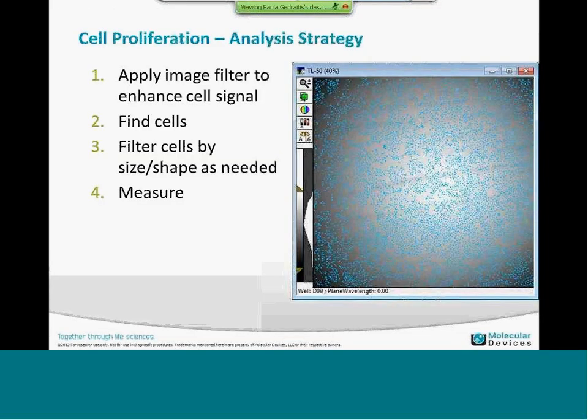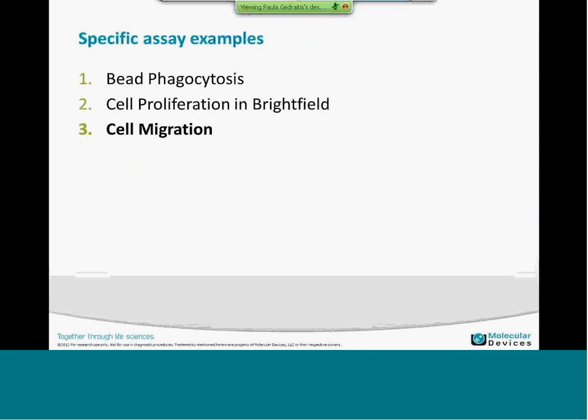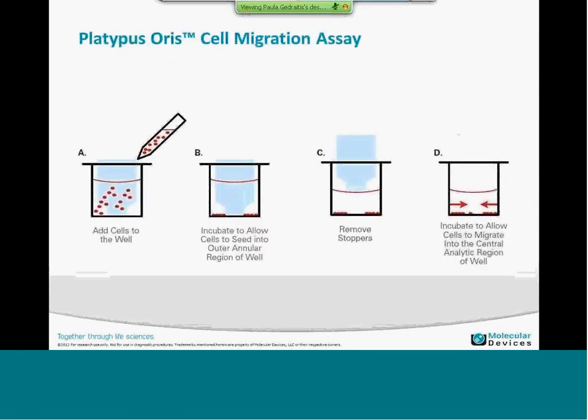Back to my presentation now, and we'll move on to the last one, which is the migration assay. This one, we use the ORIS migration assay, which is available from Platypus. I'm sure some of you have tried this or at least looked into this. It's a nice setup for a migration assay.